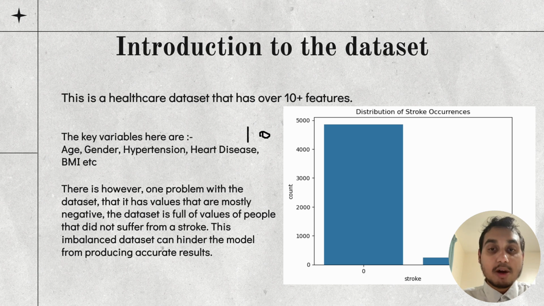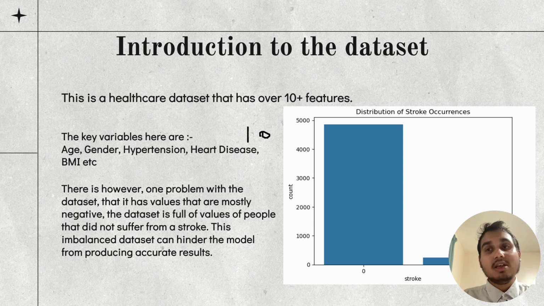This can create problems when training the model, because let's just say for every case our model says that the person did not suffer from a stroke, it will be correct in numerous cases, but that is not the point of the experiment. So this needs to be addressed. As you can see, the dataset distribution is quite uneven.